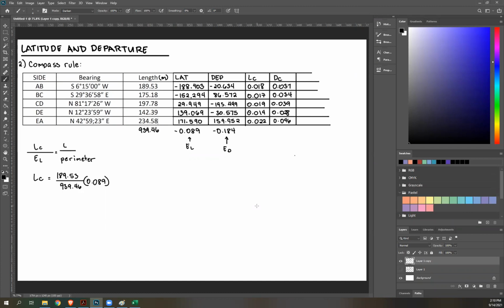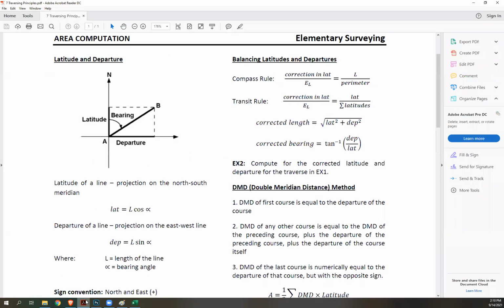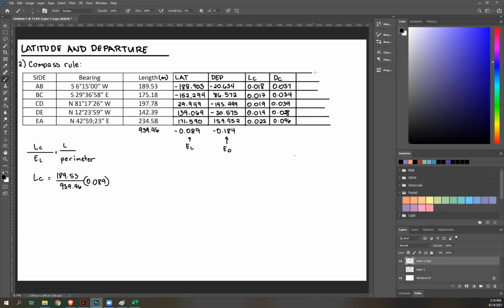Now I have to apply it to my latitude and departure in order to balance or correct it. Okay? So I need the corrected latitude and departure. So let's do that. Let me just extend this again. I'm going to compute for latitude first, and then later on, I'll have you help with departure.